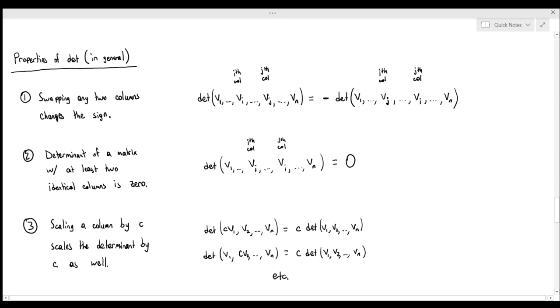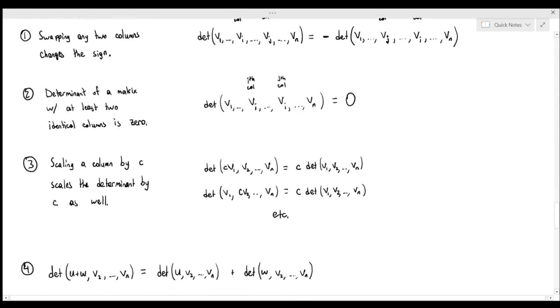So here, if you had one vector repeated in say the ith column and the jth column, then the determinant is going to equal 0. And the idea is since you have this vector that's repeated, your parallelepiped loses a dimension because of that. And so it ends up being flat in n dimensions. So its n-dimensional volume is going to equal 0. That's the idea of that one.